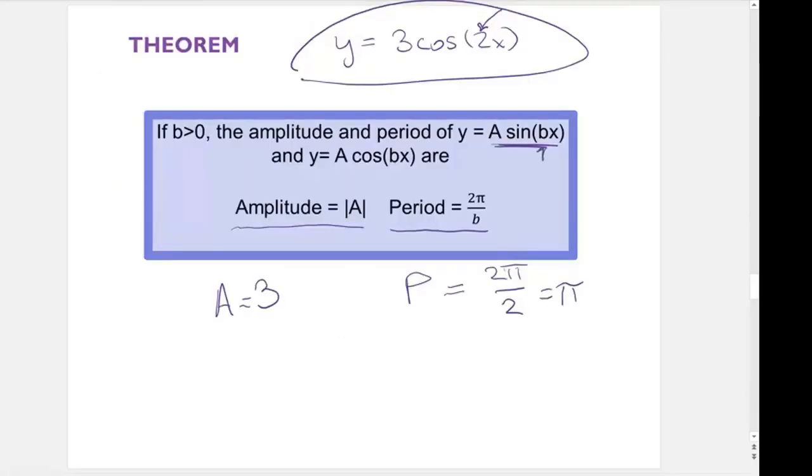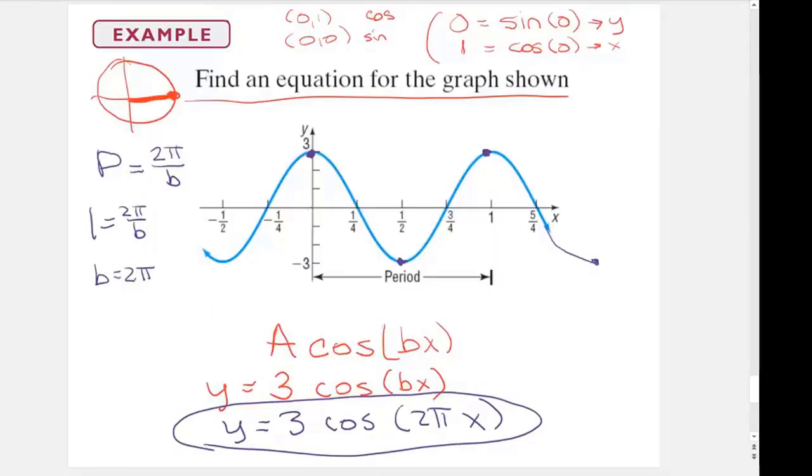If b is equal to 1, which means I just have sine of x, then my period would be 2 pi. But as this b changes, my graph compresses. It gets smaller as b gets bigger.